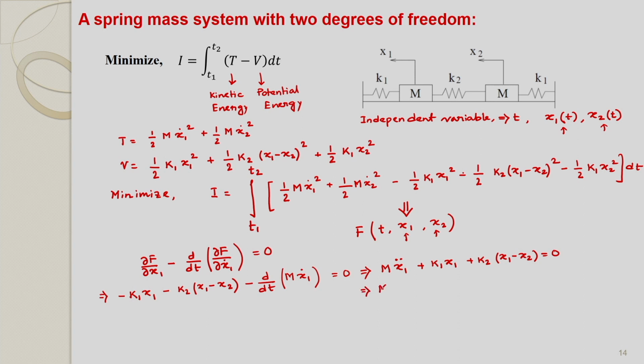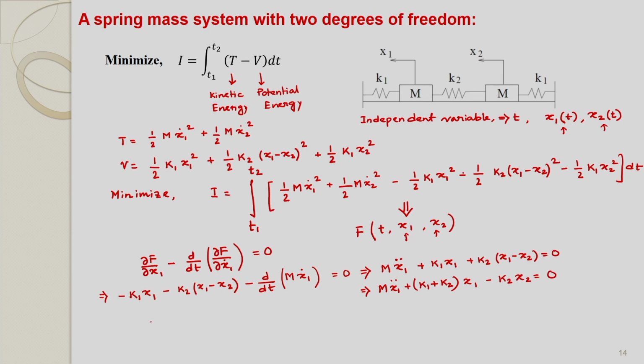We can write k1 plus k2 x1 minus k2 x2 equal to 0. So, this is our first governing differential equation.